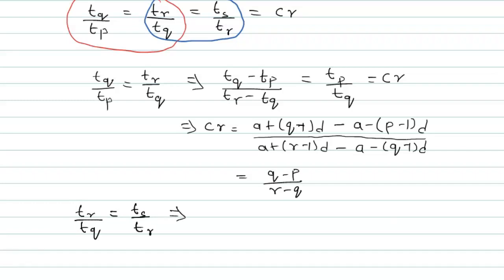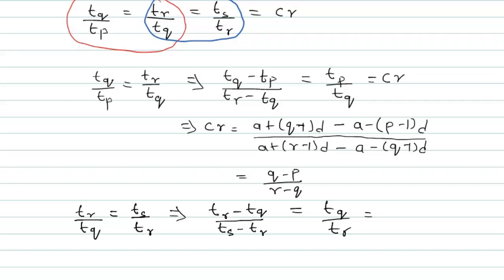Again subtracting 1 from both sides and taking the cross multiplication, we will get TR minus TQ upon TS minus TR is equal to TQ upon TR.